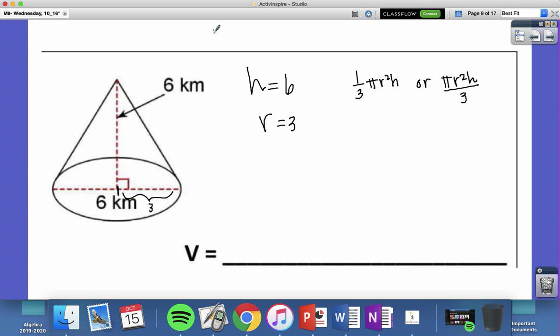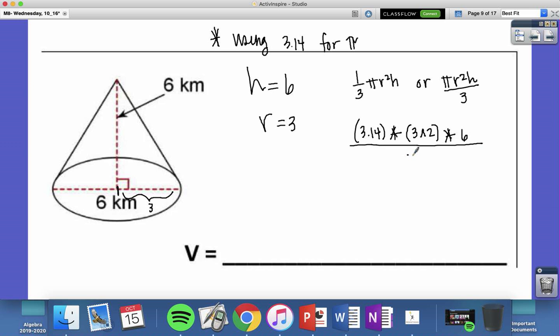So if we do it using 3.14 for pi, we would have 3.14 times the radius squared, so times 3 to the 2nd power, times our height of 6, all divided by 3. So when we work this out, let's see if we get the same answer.